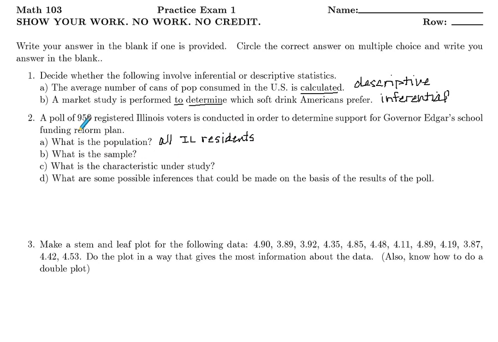The sample is going to be the 950 registered voters. So not just 950. 950 what? 950 candy bars? No. 950 registered voters from Illinois. So that's our sample.